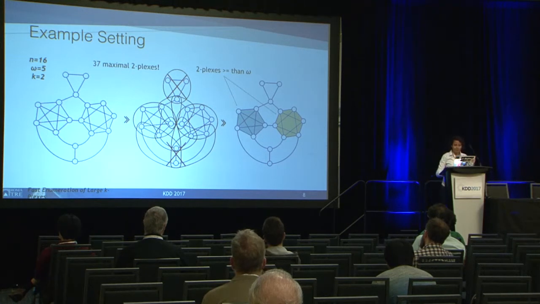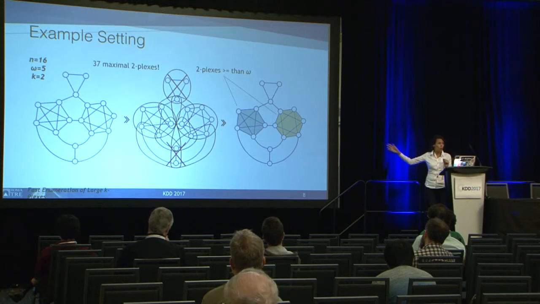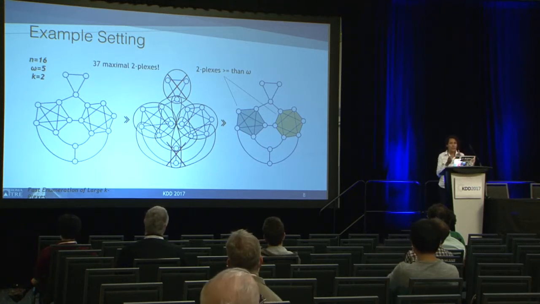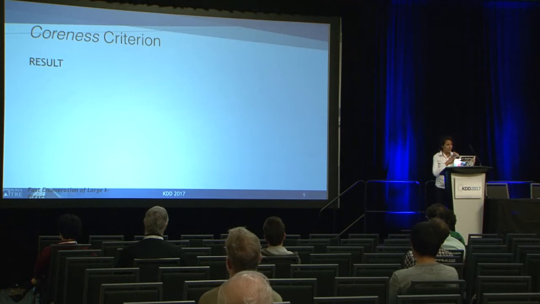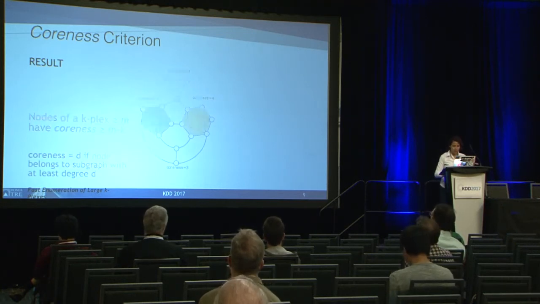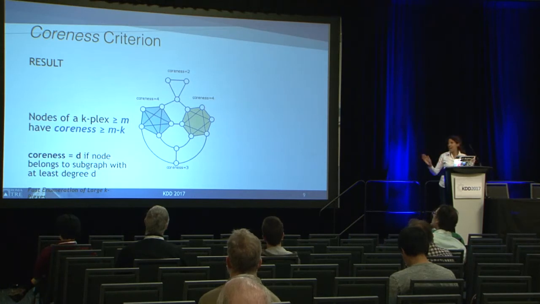So for getting rid of the nodes that we don't want to process during our enumeration, we need to identify what properties they don't have. So the first property is coreness. We were able to prove that nodes of a k-plex having size larger or equal than m have coreness larger or equal than m minus k.